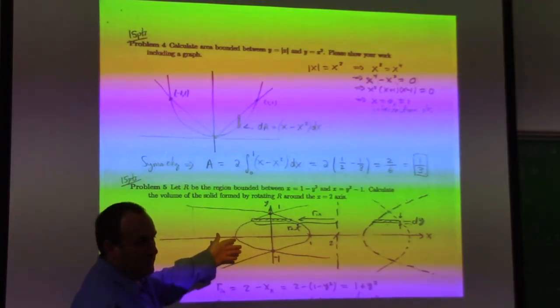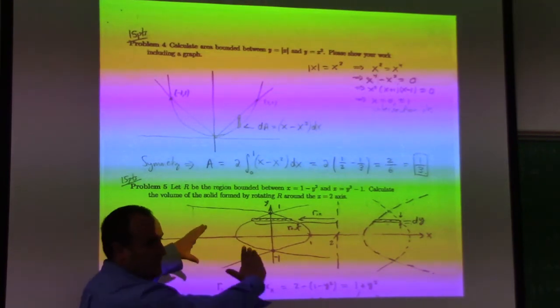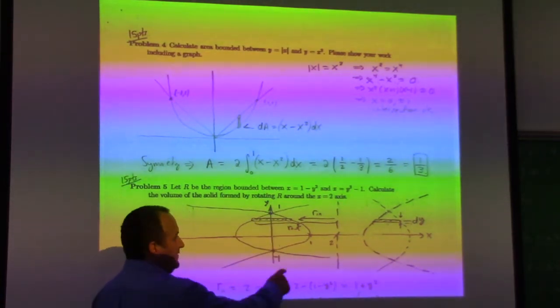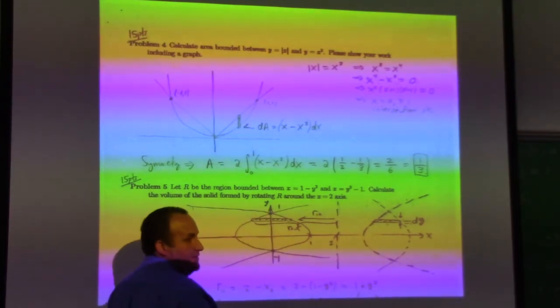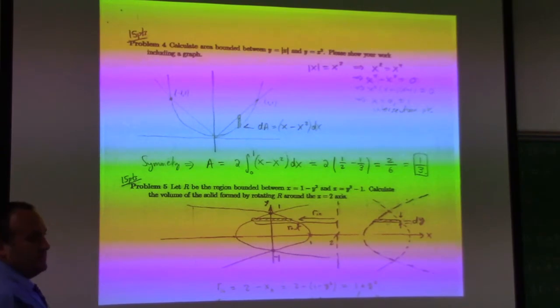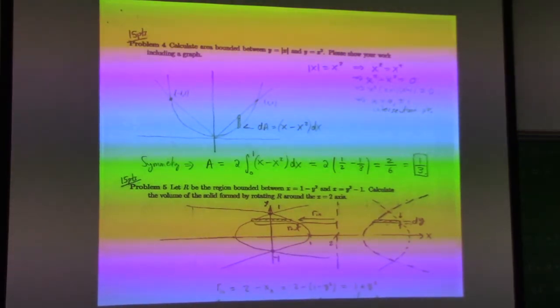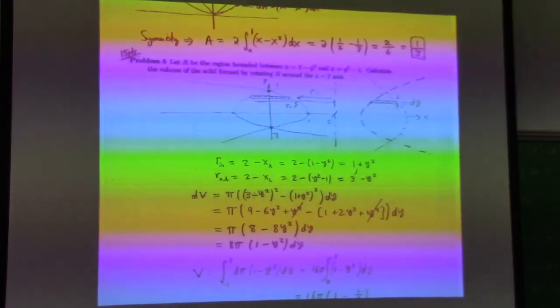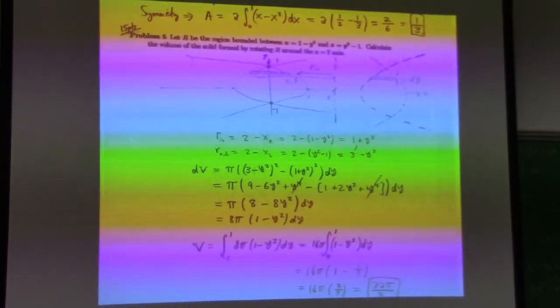The parabola opens up one way or the other way. They meet at the y-axis. We draw a horizontal strip. We've got to find the points of intersection. They're at 1 and minus 1 for this one. Then we add up the area of those strips using integration.